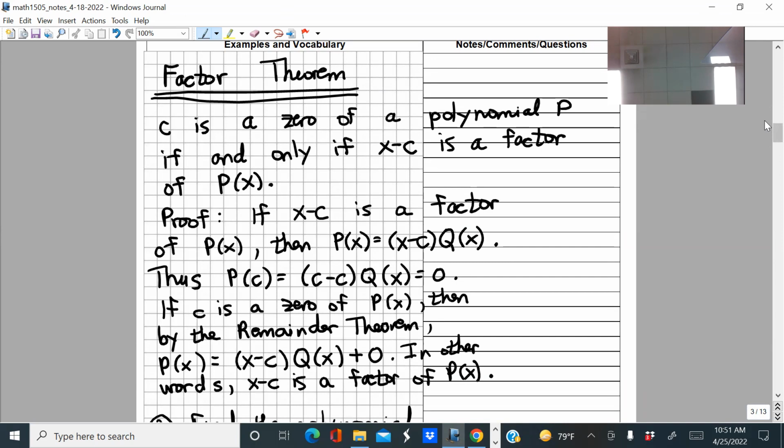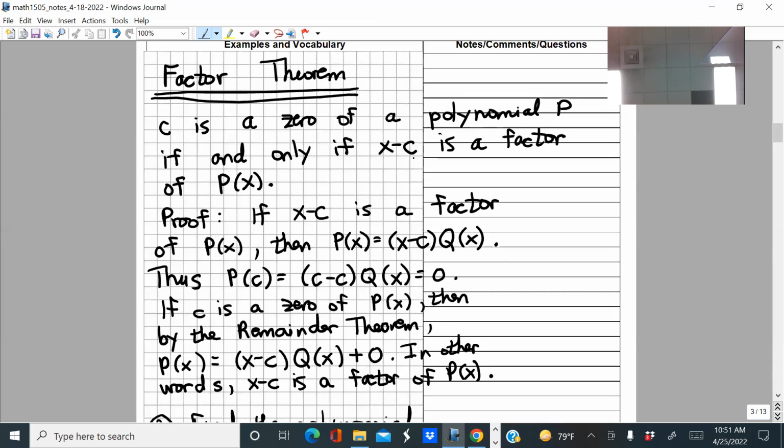All right. So this is the factor theorem, and it says basically what we've already been applying here. If you have a polynomial, it's got to be a polynomial, so this doesn't work for other types of functions, and you know an x-intercept or a 0 of that polynomial, then that means x minus that x-intercept has to be a factor of the polynomial.